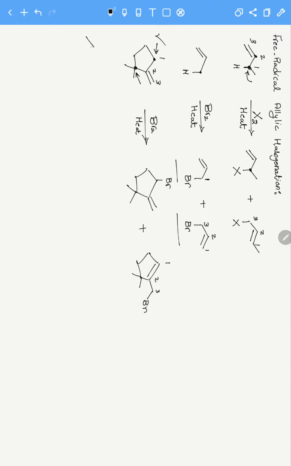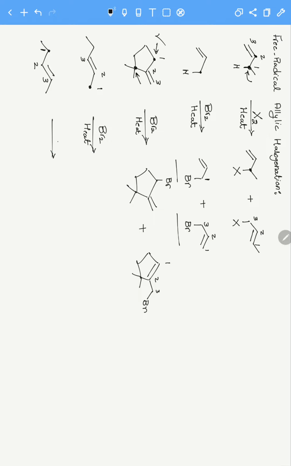Sometimes we may have more than one allylic position, and in this case there are multiple products. So for example, in this case here, if I'm doing a bromination or a chlorination reaction, this could be the allylic position, and so this will be carbon number 1, carbon number 2, carbon number 3, but also someone might say that no, this is actually number 1, this is number 2, and this is number 3.